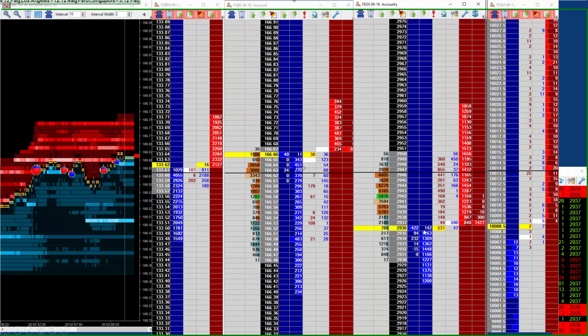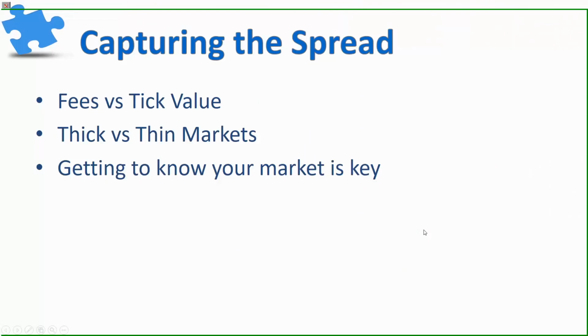So we had our bid to exit at 36, we got filled at 36, and we're still at 36. In effect, we traded a non-move. The market is still exactly where it was when we got into the trade, and that's common with scalping a thicker market. So that covers 3 different perspectives on capturing the spread.